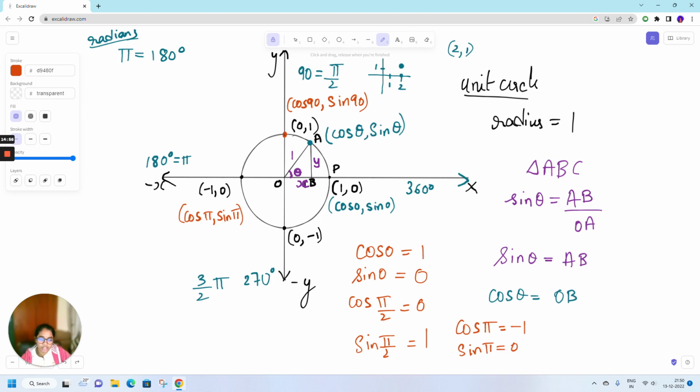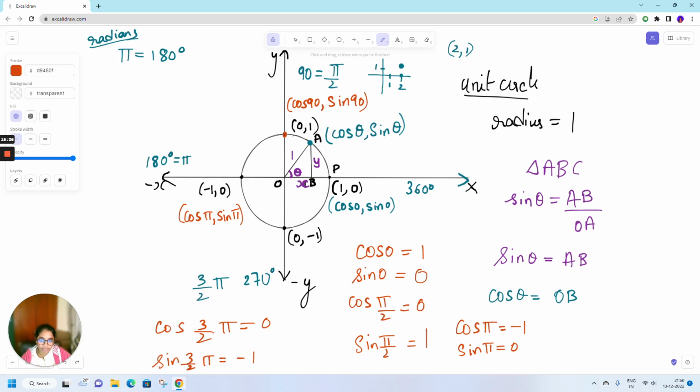For 270 degree, cos 3 by 2 pi would be 0 and sin 3 by 2 pi is -1.